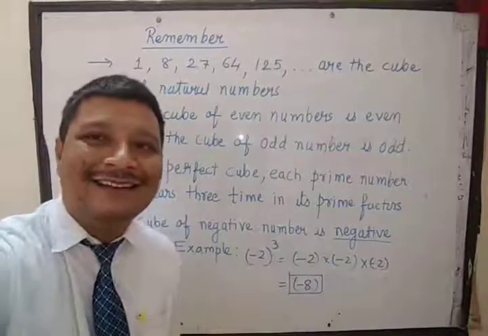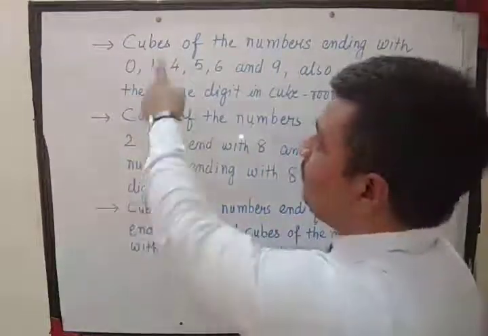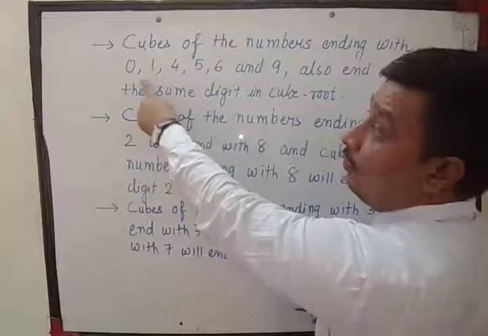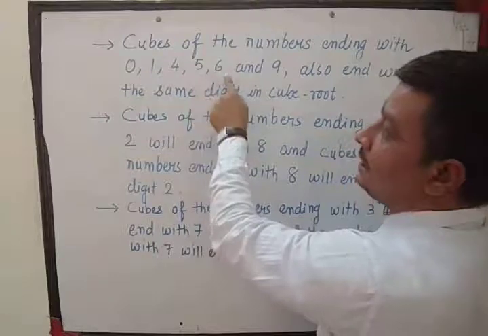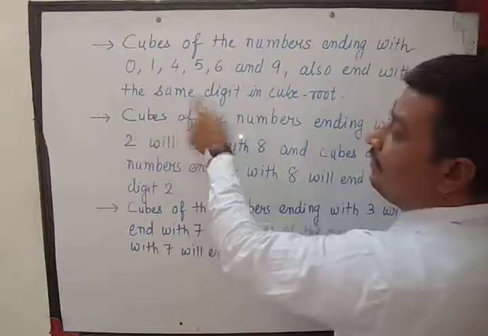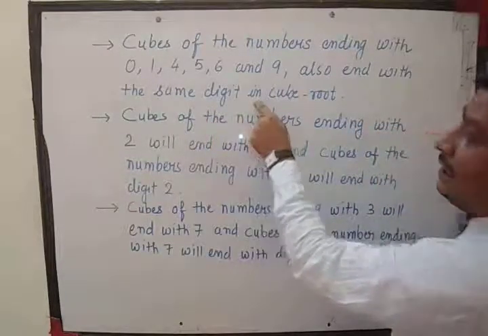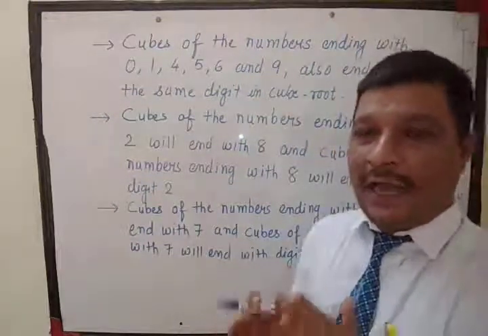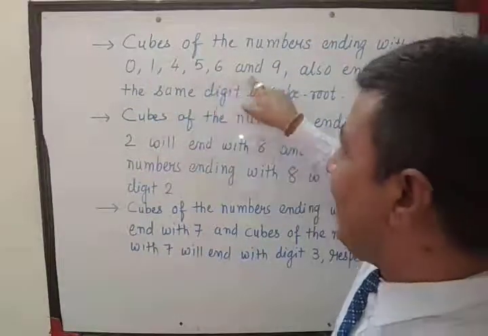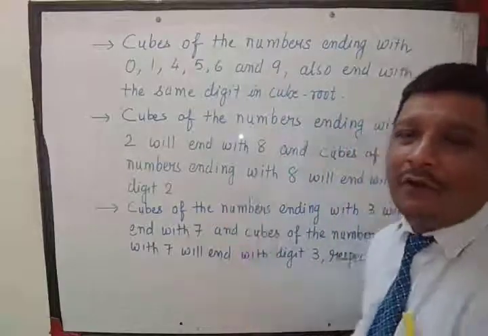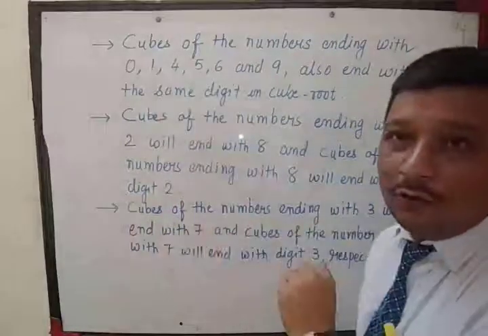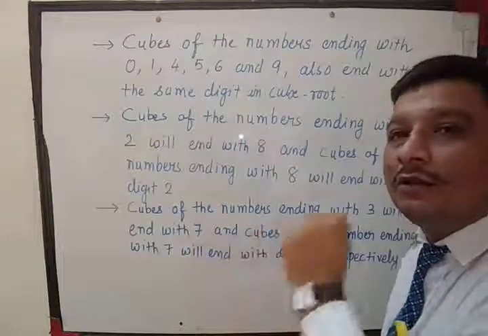3 more points related to the unit place digit. वो भी देख लेते हैं. So here, next point, a cube of a number ending with 0, 1, 4, 5, 6 and 9 also ends with the same digit as its cube root. कोई भी perfect cube number ending with 0, 1, 4, 5, 6 and 9 will also have the same unit digit in its cube root. अगर 0 है तो cube root का unit place digit 0, 1 है तो cube root of that particular number will also end with 1.